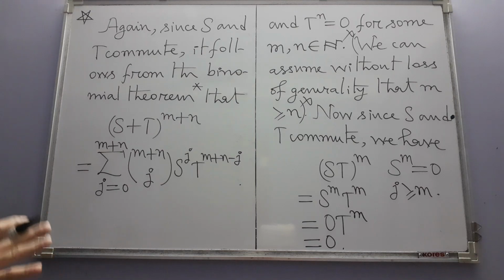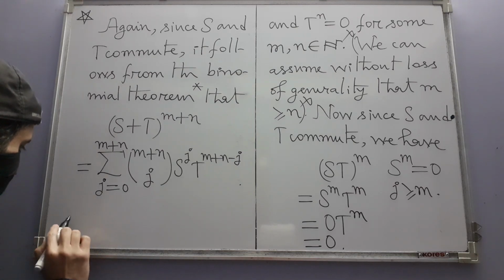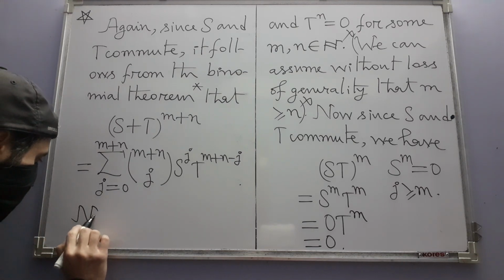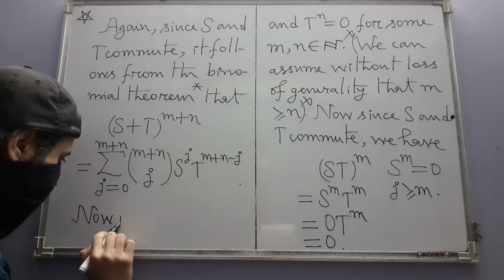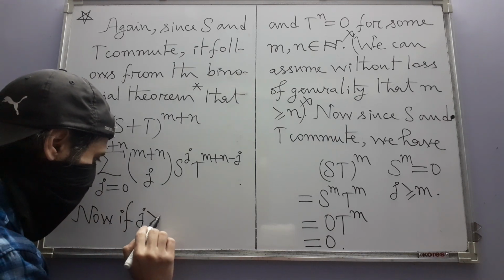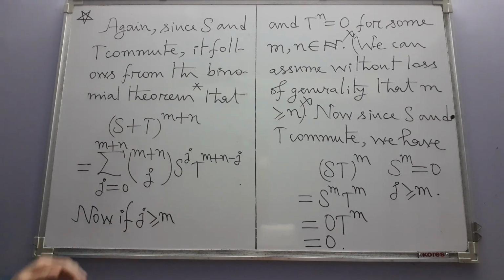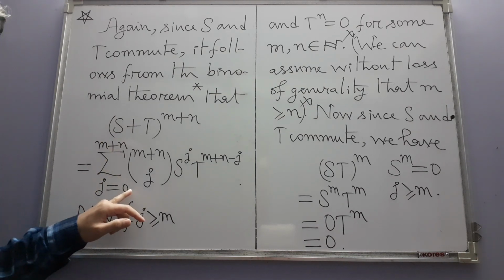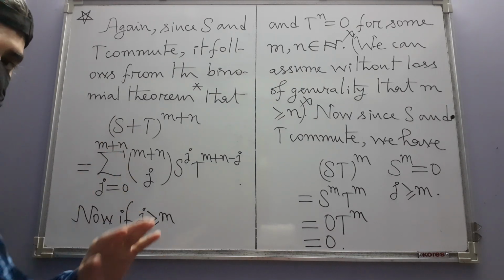Let's write in details why. Now, if j is greater than or equal to m, j in this context lies between 0 and m plus n inclusive.